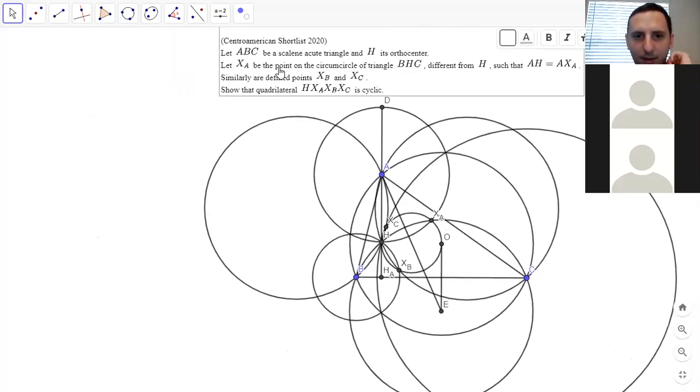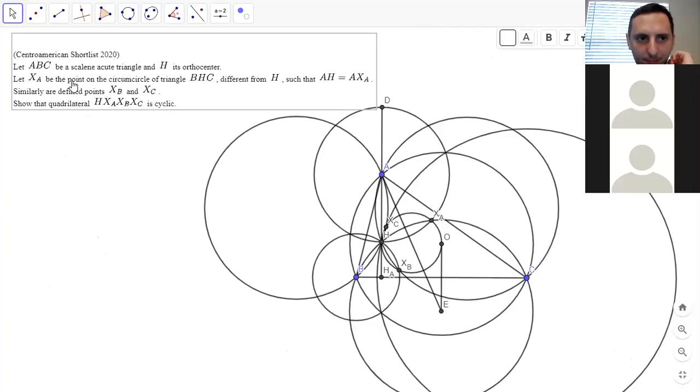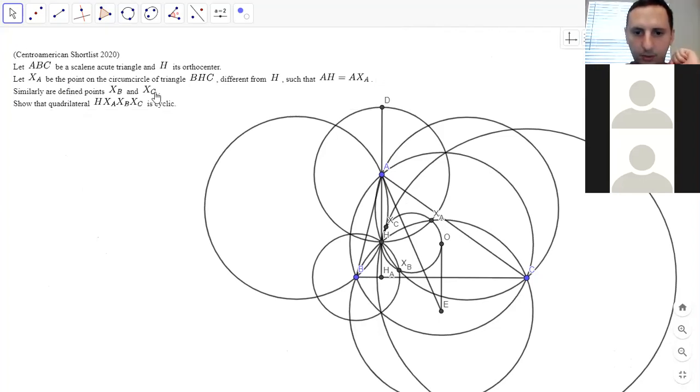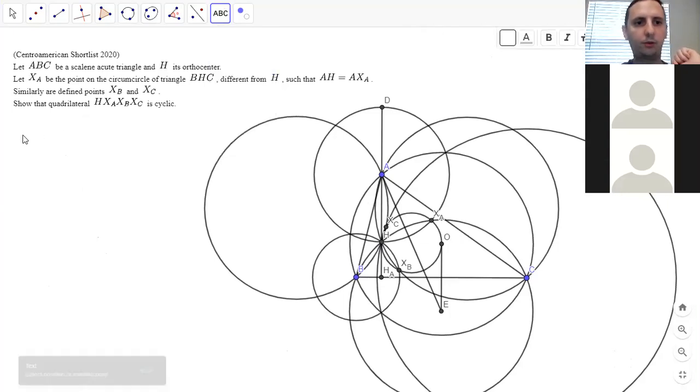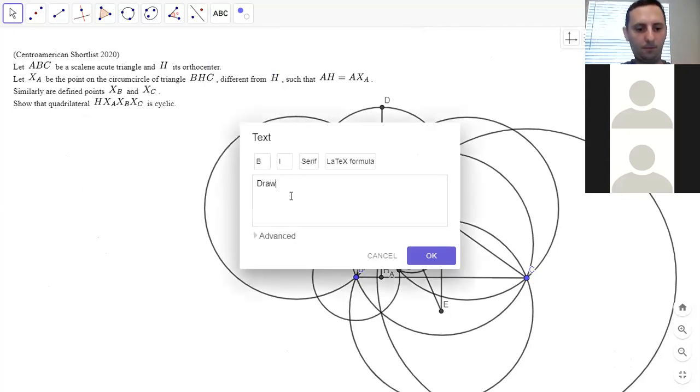I don't think it was the exact same one, but it feels similar. Okay, so draw the circle with center A and radius AH, through H, and let it meet AH at D.